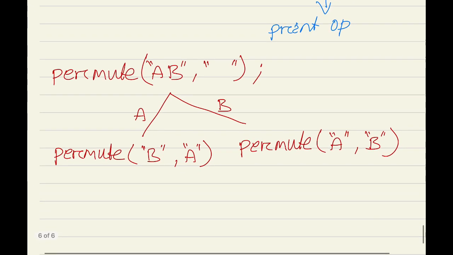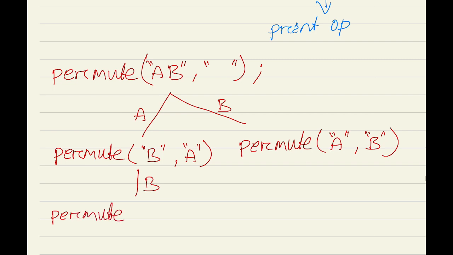Now again here you can see permute BA. Here we have only one option, that is we can select B. So B is selected. If we select B, the permute method is going to be reduced like this. The input string becomes empty, and the selected character B is concatenated with the output.